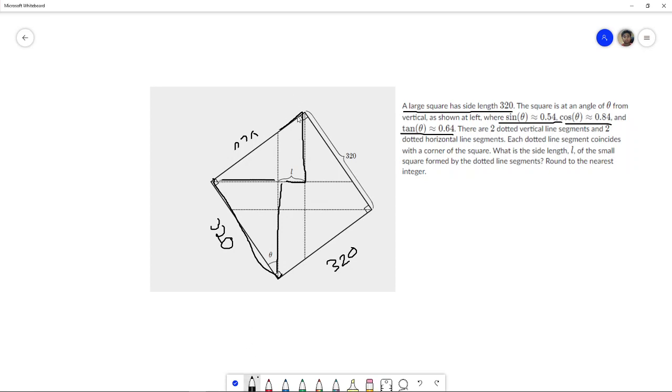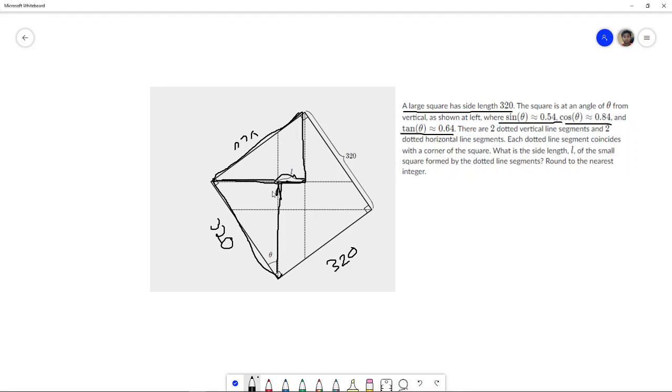But there are a bunch of triangles, and the hardest part, I would say, is finding what triangles you need to choose. And since we have to find out L, we know that we're going to have to get the difference of something. In this case, we're going to be finding the difference of certain sides.